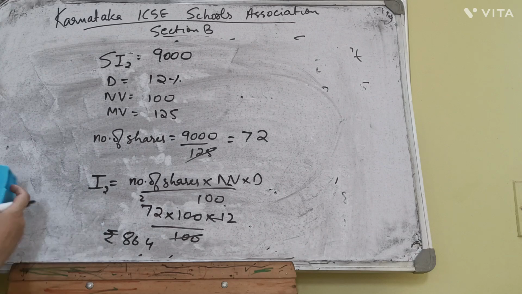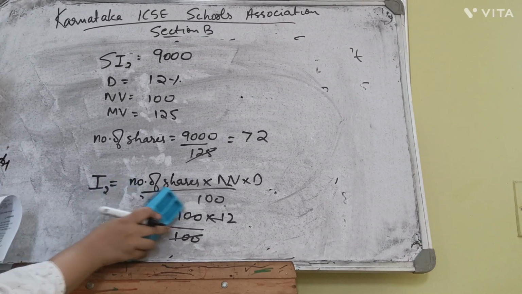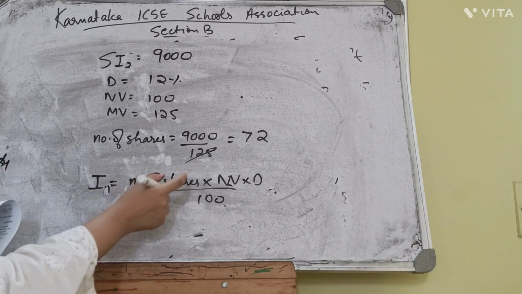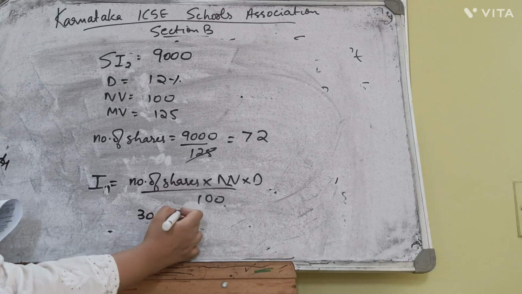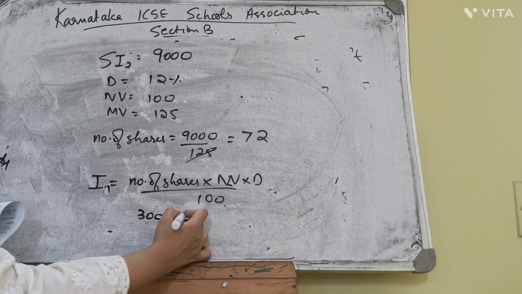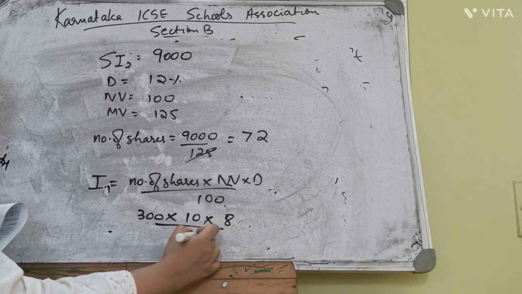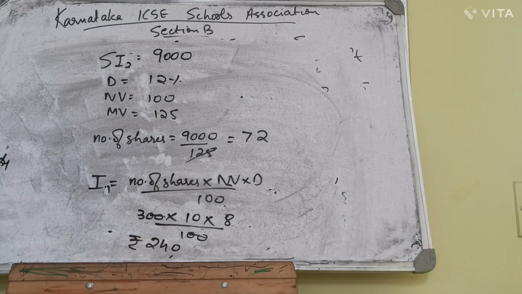So we also need to find income from the first company. Now for the first company, so I2 we have as 864. So using the same formula, the previous number of shares were 300. The previous nominal value was 10 rupees and D was 8% upon 100.